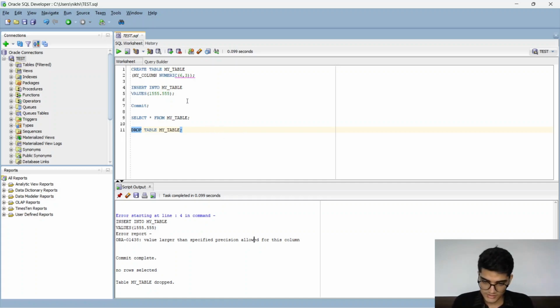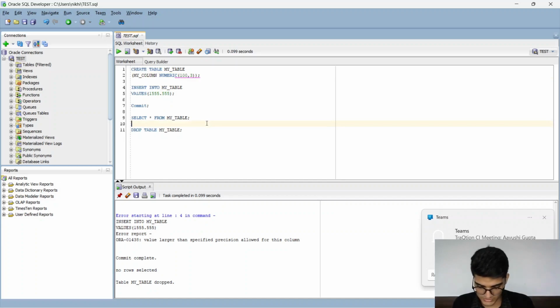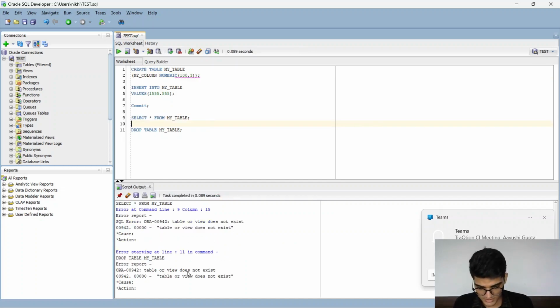And now there is one more thing, that there is a range for precision and scale. We cannot just declare 100 as our precision, because it will give us an error. Okay, wait, it is giving us an error. Okay, no issue so far. So we cannot store 100 here because it has some limit.